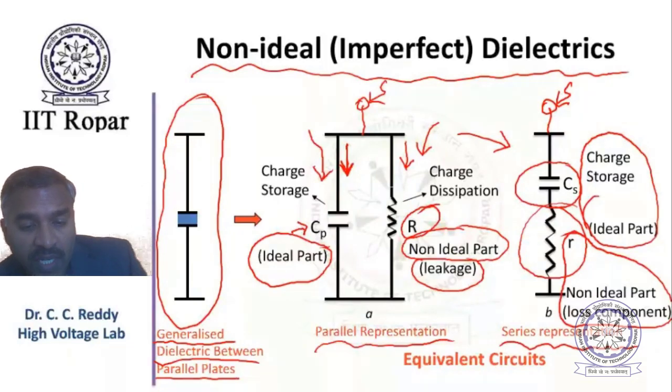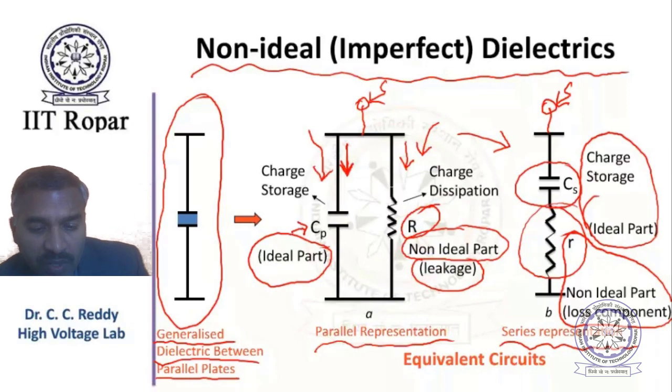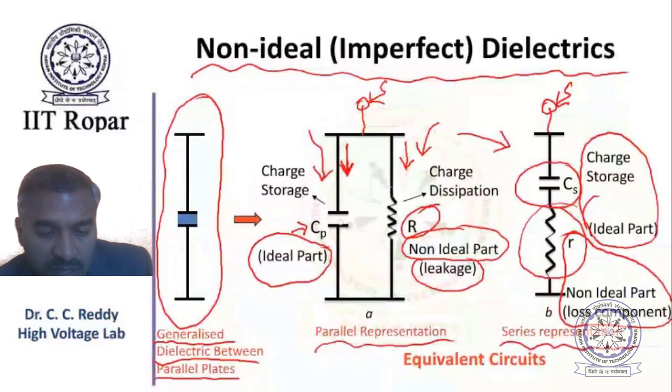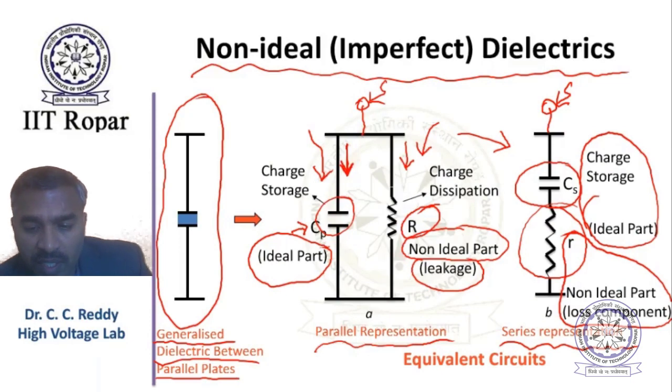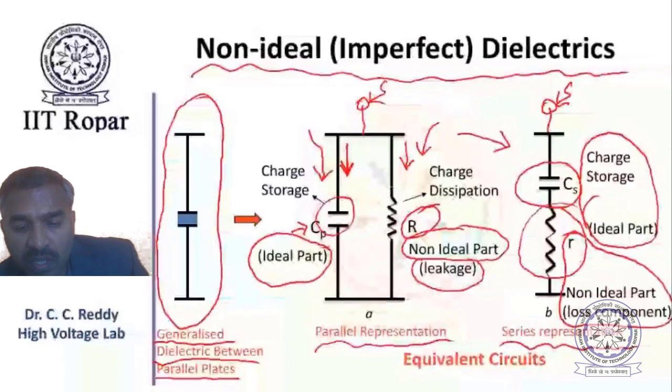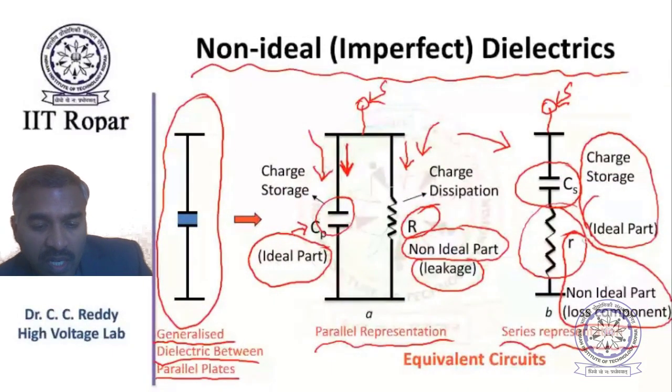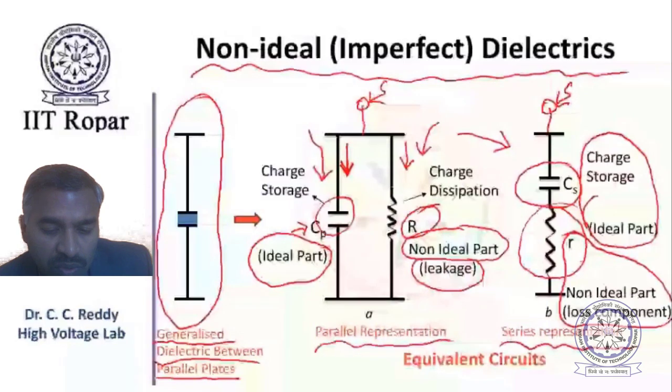The losses are proportional to the displacement current to some extent, I squared of that displacement current, because the alignment and de-alignment is related to that current only. Therefore it is more appropriate to have the losses represented in series with this capacitor. So the second case, the series representation, is more close to the AC case physically, and the parallel representation is more close to the DC case.